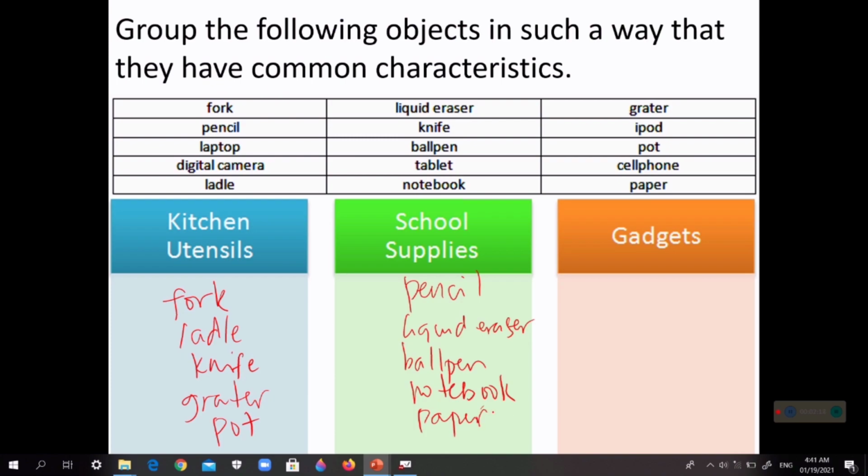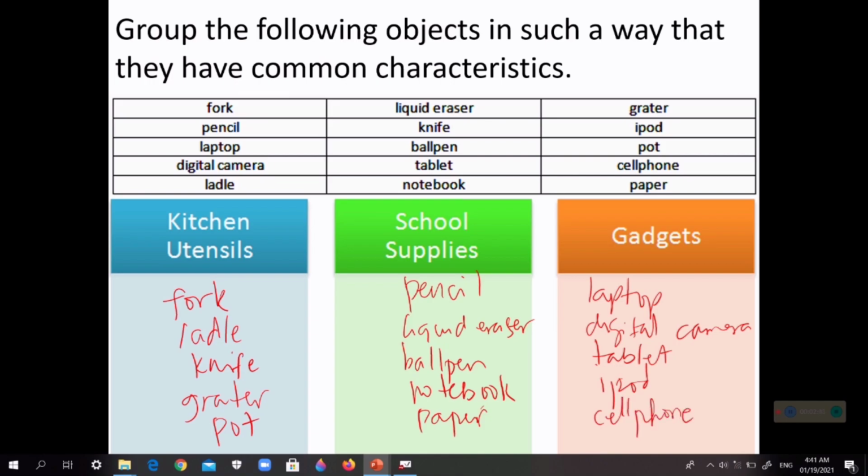And on the last table, we have the gadgets. Obviously they are correct. We have laptop, digital camera, tablet, iPad, and cell phone.